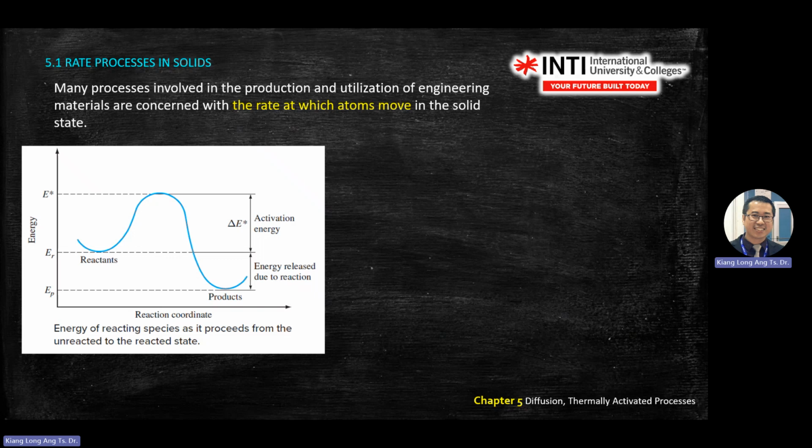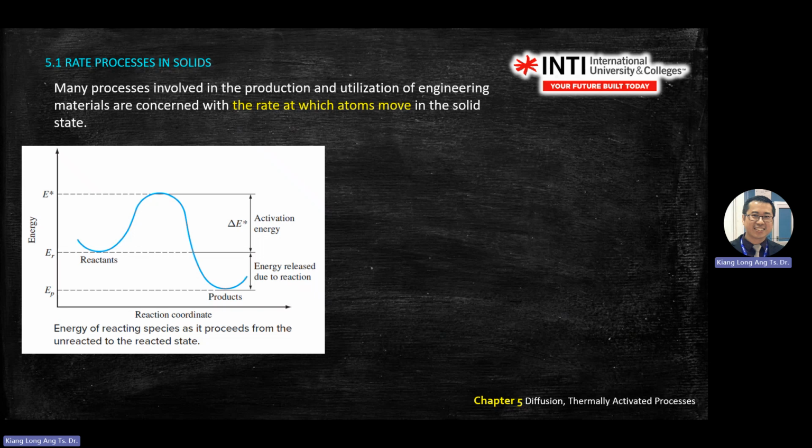There are three important energies here: the reactant energy, the P here is the product energy, and the E star here is the activation energy. So there are three parameters that we will use for the rate of a process: ER reactant, EP product, and E star activation energy.